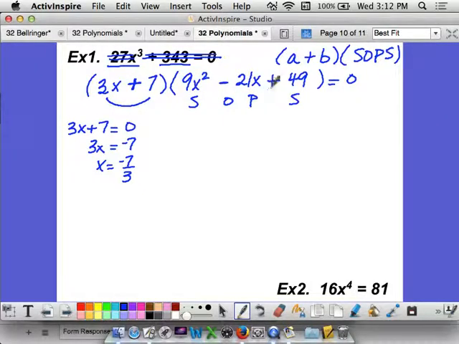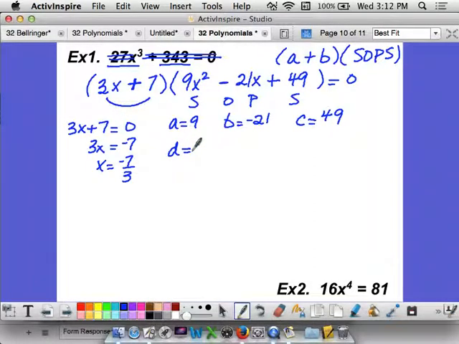Then we're going to take this trinomial, and it's going to be pretty bad because the numbers are big, and we're going to use the quadratic formula for this. It will never factor for you, so you're going to have to complete the square or use the quadratic formula. So here's what we have, that a is 9, b is negative 21, and c is 49. So now I'm going to find d.